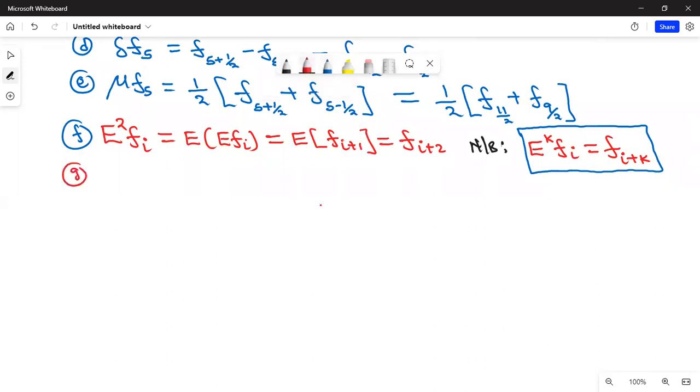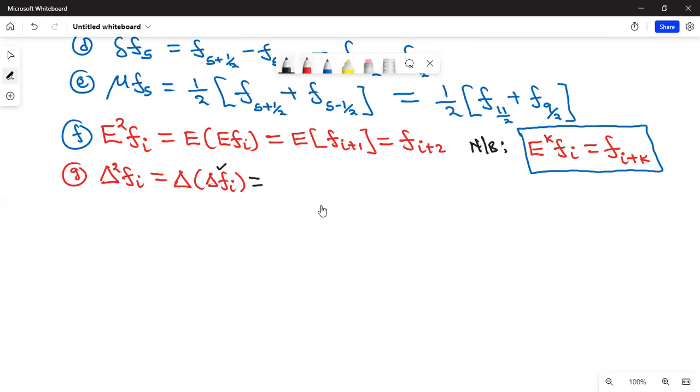Part G. We now want the second forward difference of Fi. It is the same as the forward difference of another forward difference of Fi. Look at how we defined this innermost bracket.